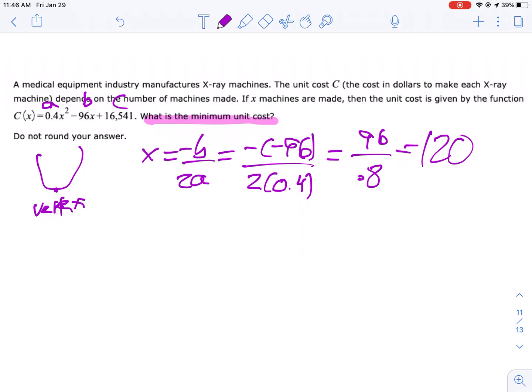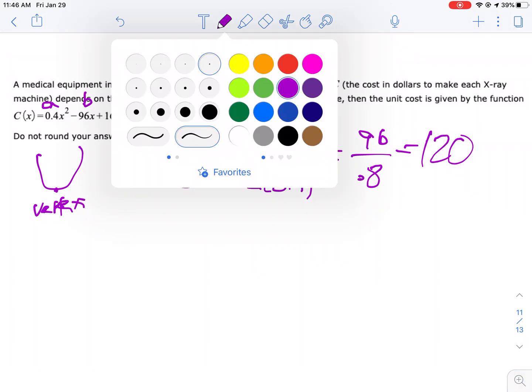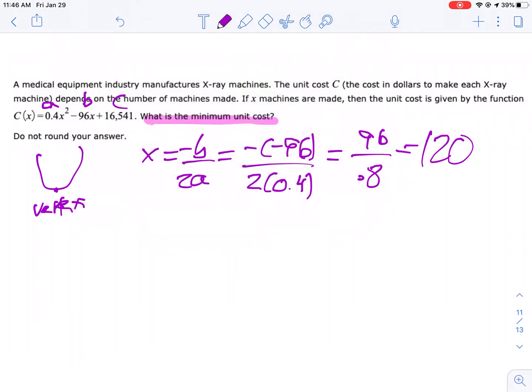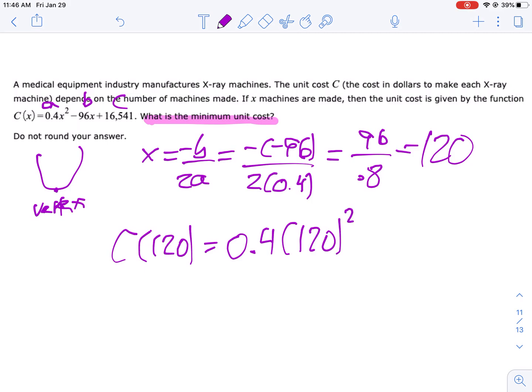So now what we're going to do is replace x with 120. In other words, I want to find C of 120. So I'm going to say 0.4 times 120 squared minus 96 times 120 plus 16,541. Let's use a calculator.